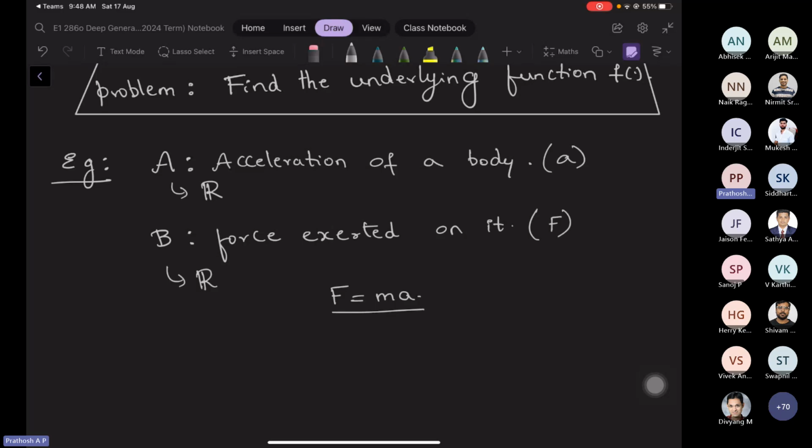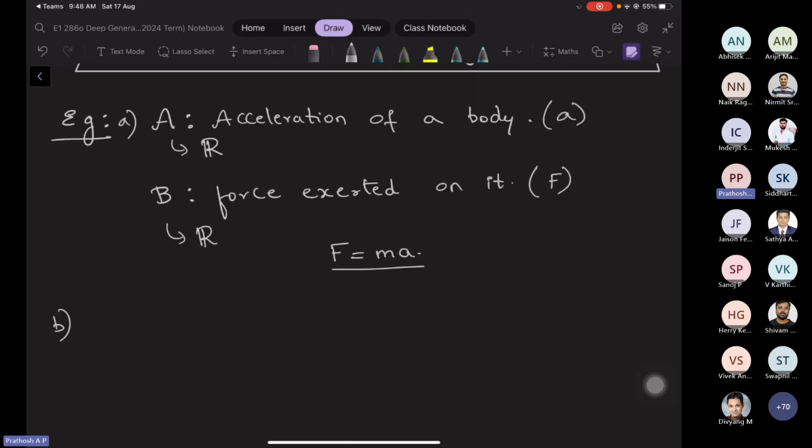Now, as I said, this is just one example. I'll take questions in a while, Aditya, so that I can think of another example. Somebody give me an example of a case where the function is not linear.